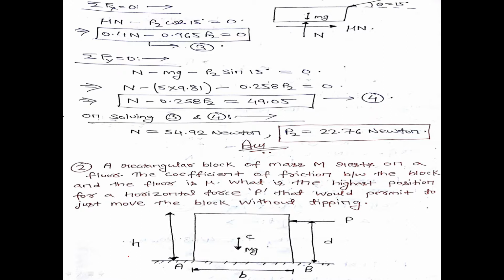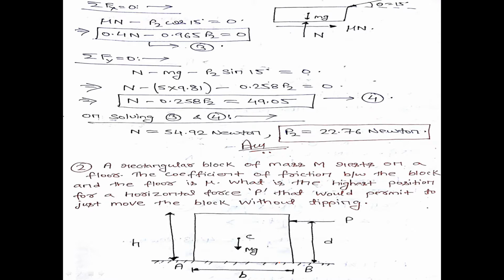That means this horizontal floor is rough in nature, so there exists friction and the coefficient of frictional force is mu.